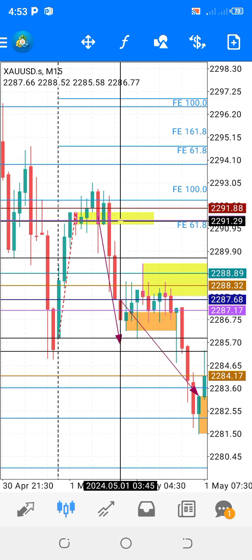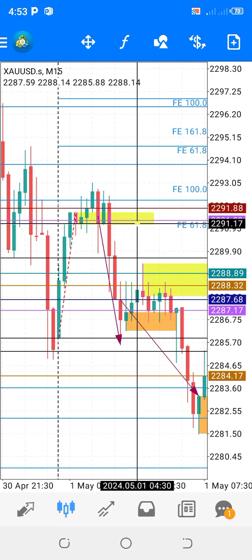So as wide as that would be, you have your first entry at 1 pip from the CRL. In this case, since it's a continuation for an upward move, the expectation is you to buy. So if CRL is 2291.17, 1 pip on that will be 2291.27.